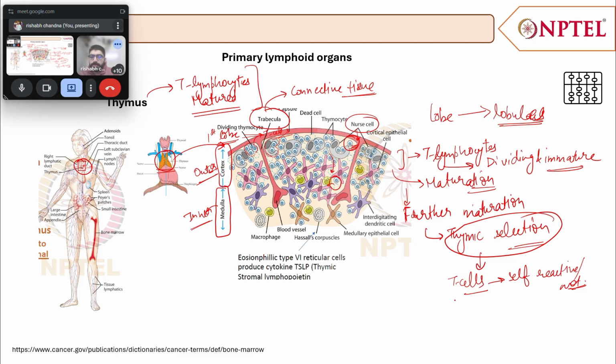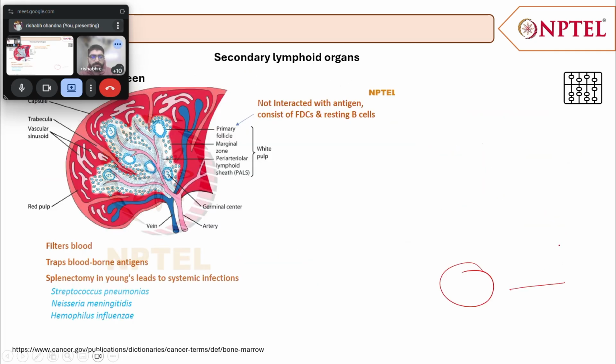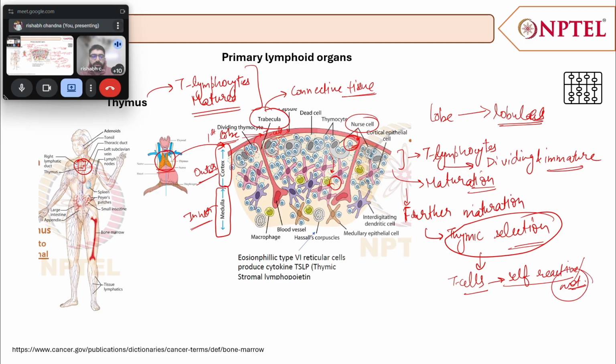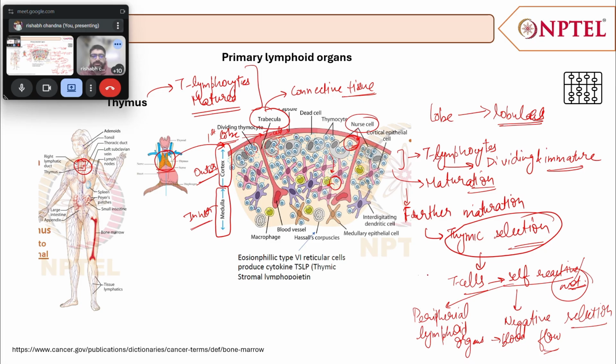This helps the body to recognize whether the matured T cells are self-reactive or not. If they are self-reactive, then they will proceed to negative selection, and if not, then these cells will go to the peripheral lymphoid organs through the blood flow. So this is the role of the medulla.